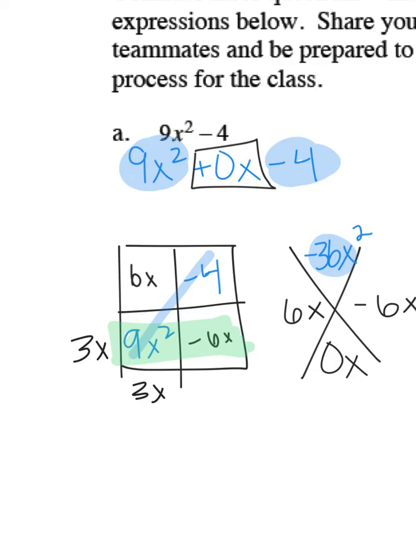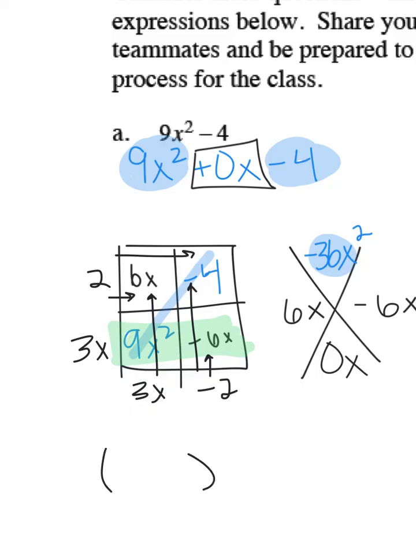And 3x multiplied by negative 2 would make negative 6x. 3x multiplied by 2 would make positive 6x. And then we can double check: positive 2 times negative 2 is negative 4. And those arrows are just showing you how the boxes get multiplied and where they're coming from.